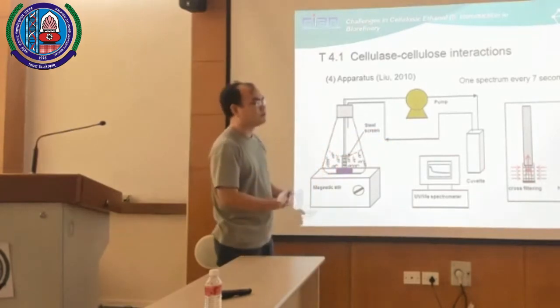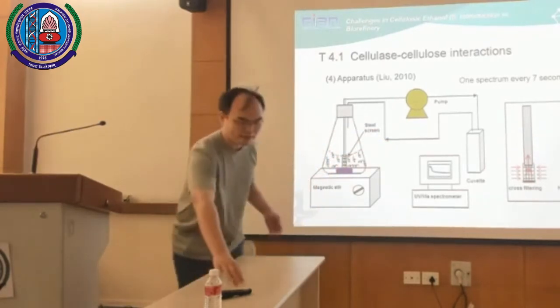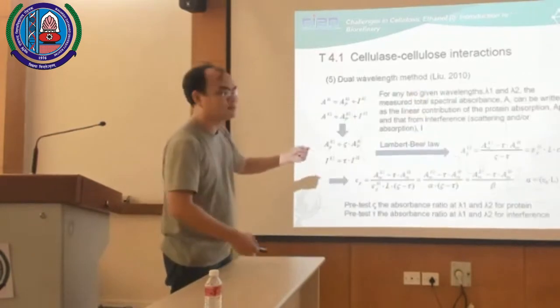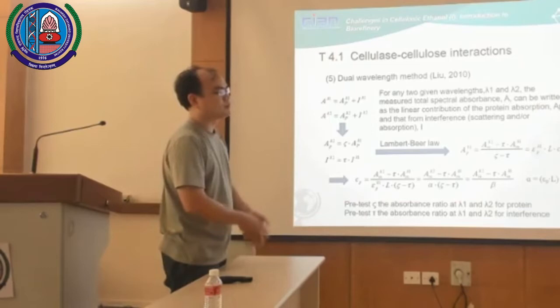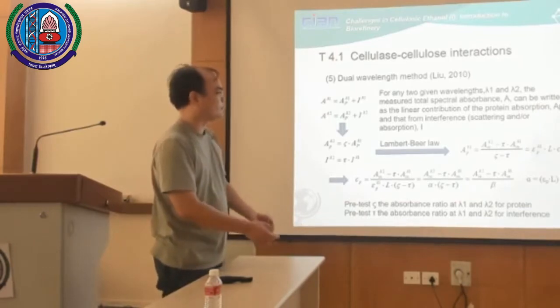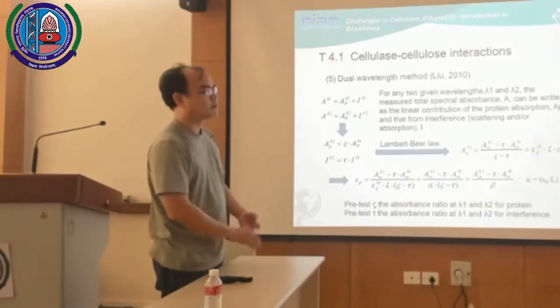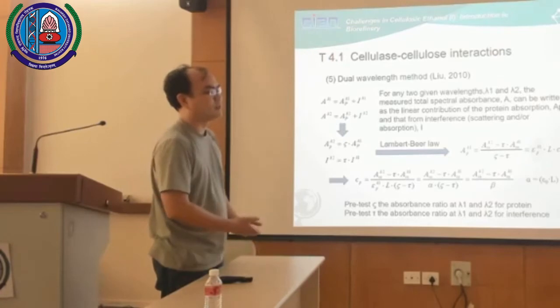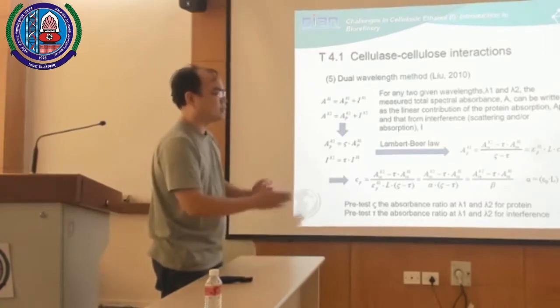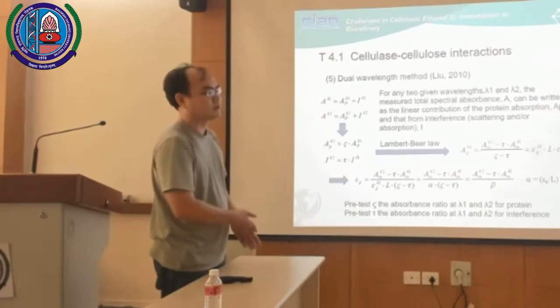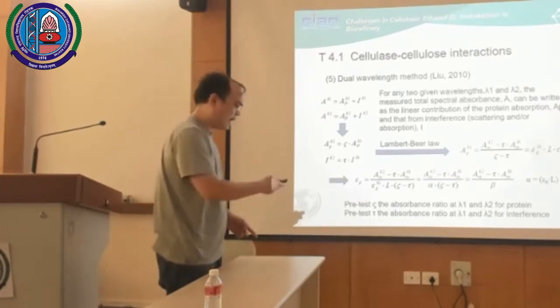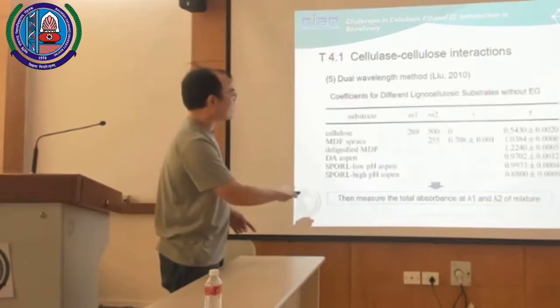Then I use the calculation method to reduce the interference of lignin and fibers, and you get the real data from protein. The concentration decreases due to the absorption, so I can test it every 7 seconds.